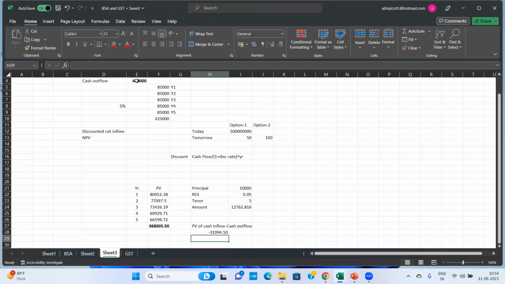Think yourself as a consultant. Yeah, I know there is NPV negative, but how do I justify that and take up the project and get this project funded?